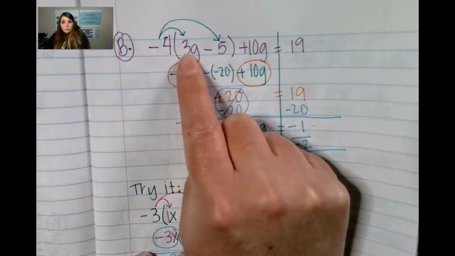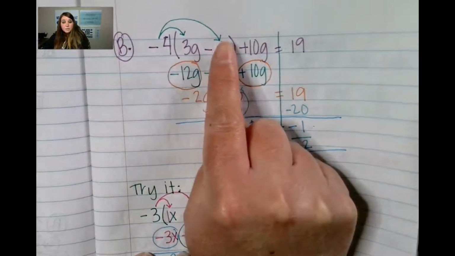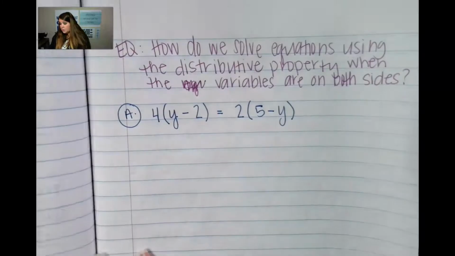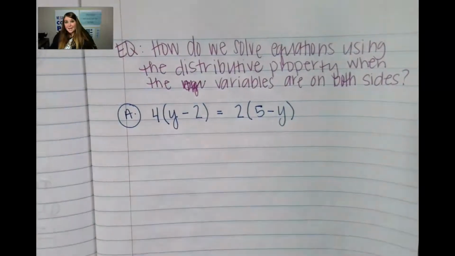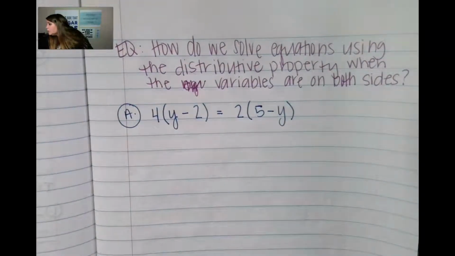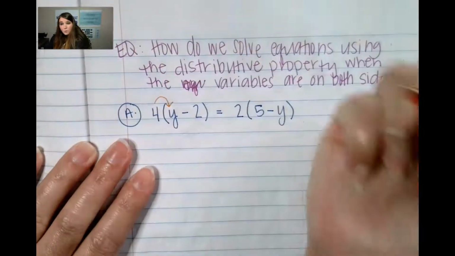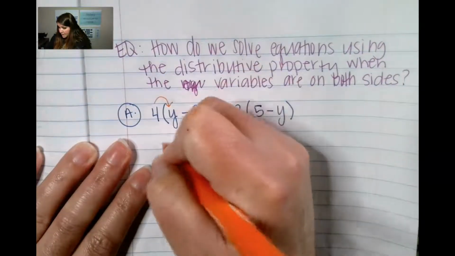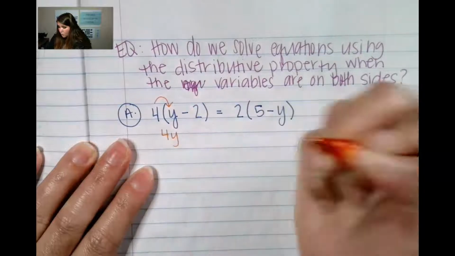So 4 groups of 3g and 4 groups of negative 5. And so here we are going to do the exact same thing. So we're going to share 4 groups with the y, and that gives us 4y.